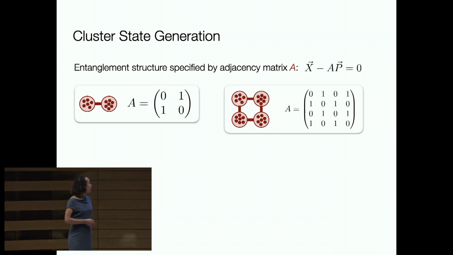For example, in this example with two ensembles, x of the left one is perfectly correlated with p of the right, perfectly in an ideal case. In practice, there'll be some finite degree of squeezing we can achieve. Or you could imagine this square cluster state, which has a richer structure of correlations.